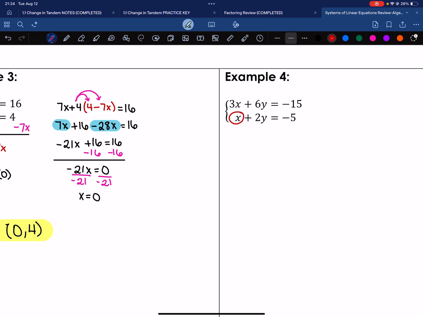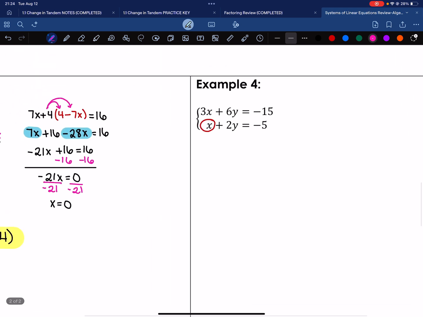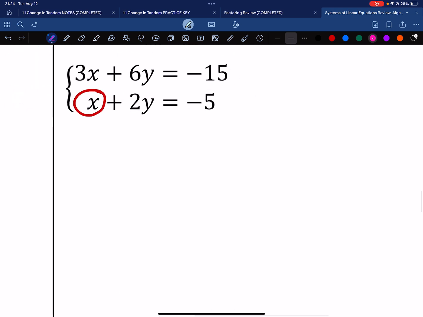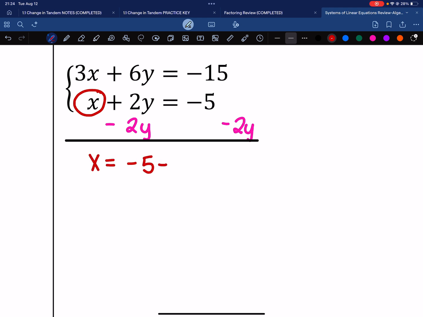Okay, so to get that x by itself, I need to subtract 2y from both sides. When we do that, that gives me x is equal to negative 5 minus 2y. Now I'm going to take that and plug it in for x because we solved for x this time.